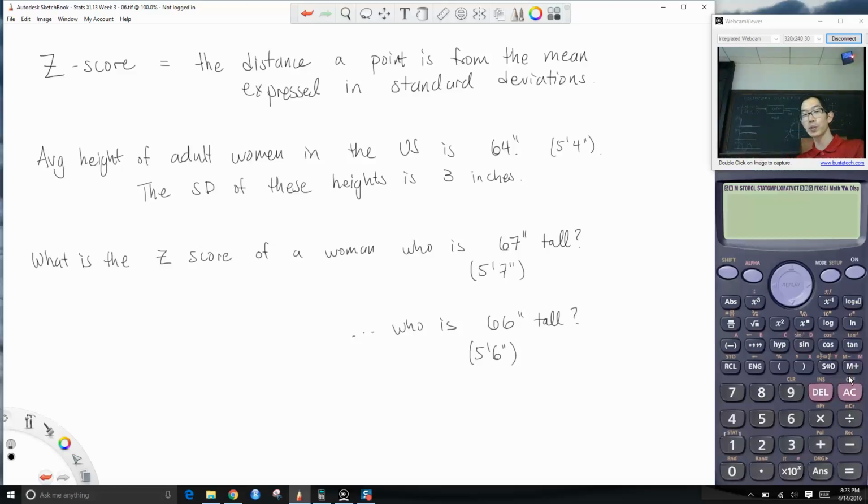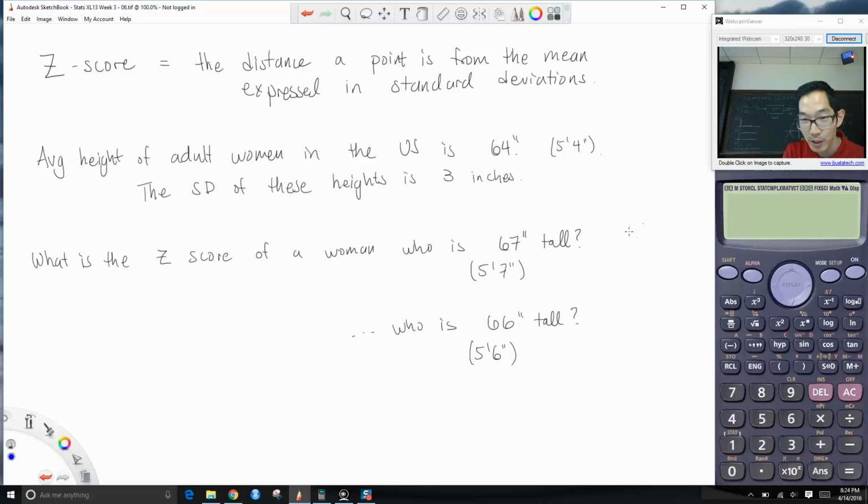What is the distance from the mean expressed in standard deviations? Did everyone get a chance to write down these answers? My hope is that this isn't too hard.